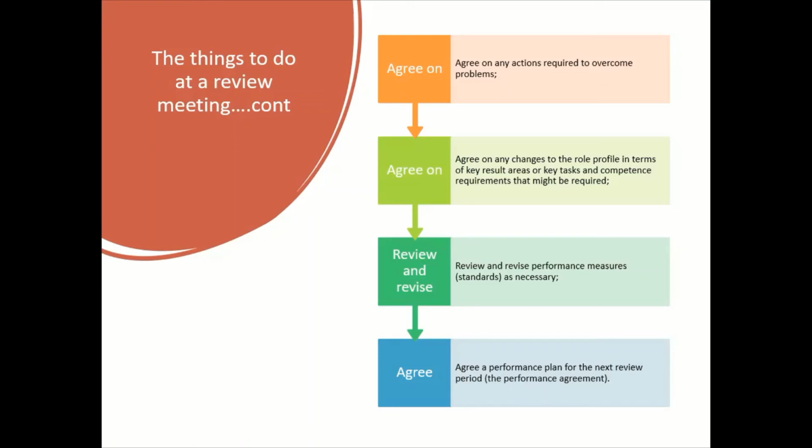So if the performance is not up to the standard, then we can discuss with the employee what kind of plan we have to implement towards the employee. Maybe training programs, involvement, maybe some corrective actions the employees have to take. So we have to agree on such a performance plan.